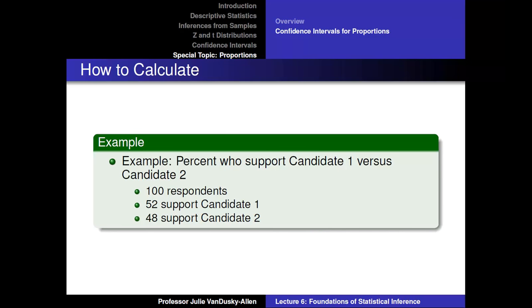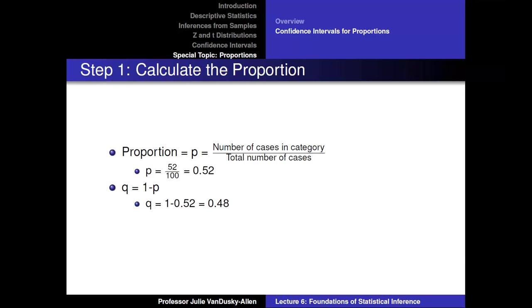To demonstrate how to calculate a confidence interval around a proportion, I will use the following example. Imagine we collected data on how many people support candidate 1 versus candidate 2. We had 100 respondents and 52 supported candidate 1 and 48 supported candidate 2. We want to make an estimate of how many people support candidate 1. First, we would calculate the proportion for individuals who supported candidate 1.